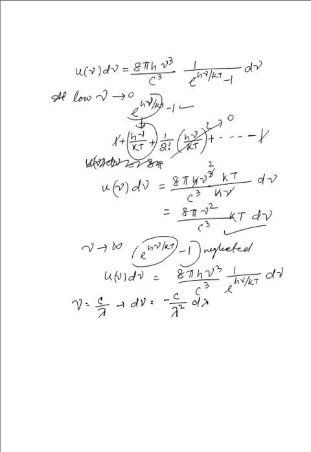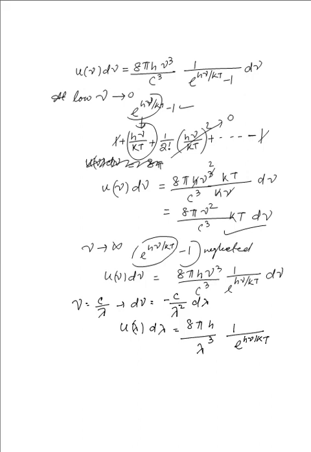If we substitute that value over there, we have u lambda d lambda equal to 8 pi h, and c divided by nu is simply lambda, so this is lambda cube in the denominator, and we have 8 pi h lambda cube, and here we have 1 divided by e to the power h nu by kt, and that can be h lambda divided by c in that case.